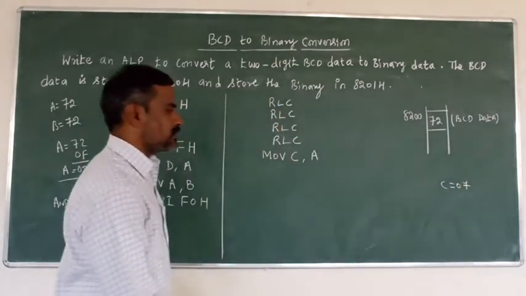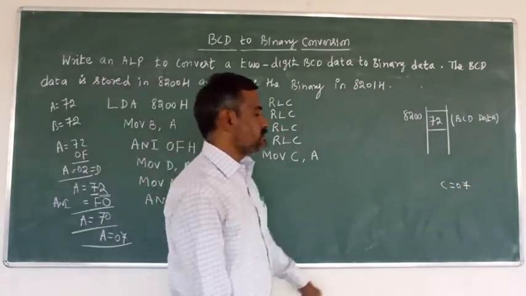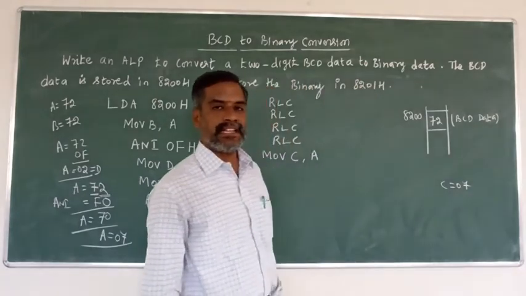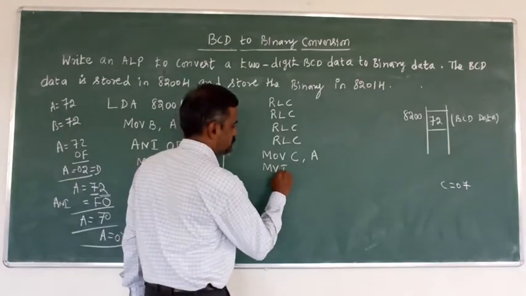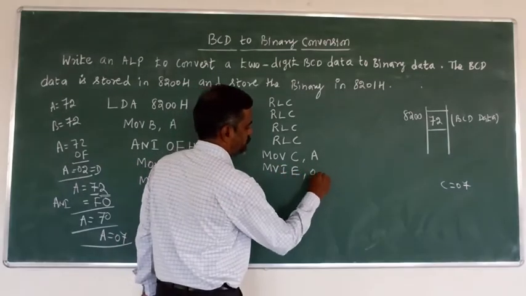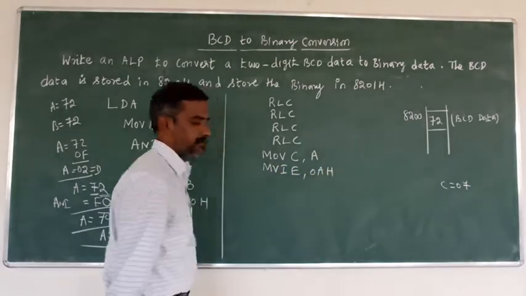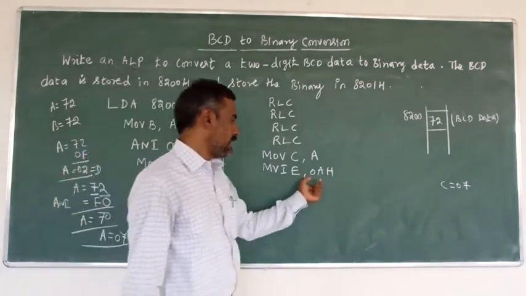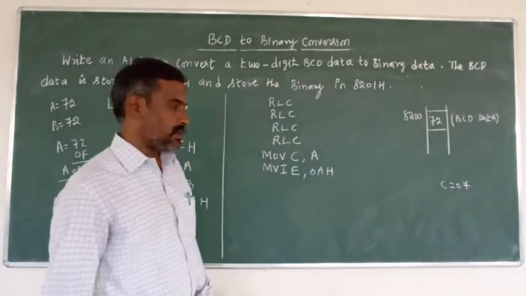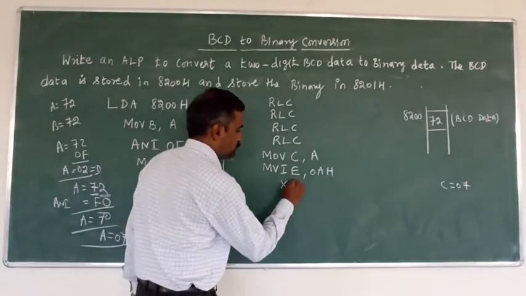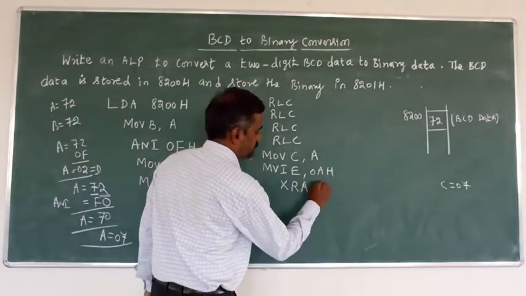holds 07. Now we multiply 07 by 10. 10 means 0A. For that, fix any one register, suppose the E register, for 0A. 0A means 10. Now we have to multiply this 10 with 7. For that, initially clear the accumulator content to 00.